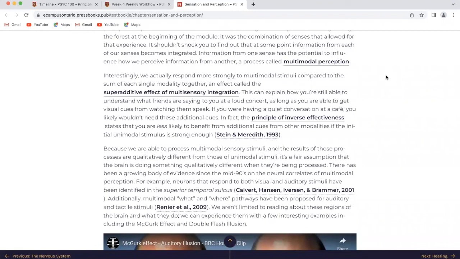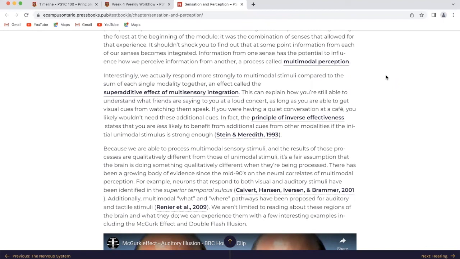Because we're able to process multimodal sensory stimuli and the results of those processes are quantitatively different from those of unimodal stimuli, it's a fair assumption that the brain is doing something different when they're being processed. There's been a growing body of evidence since the mid-90s on the neural correlates of multimodal perception.